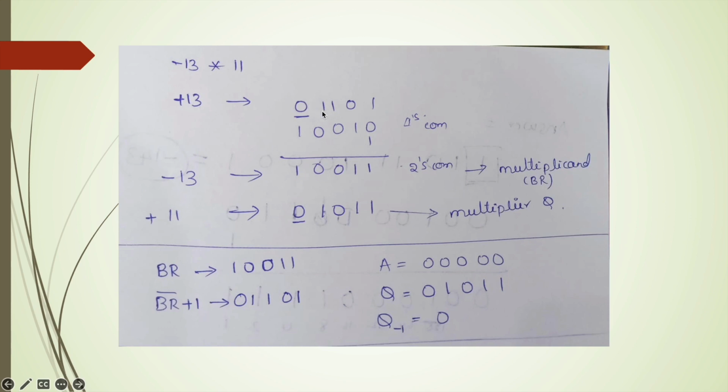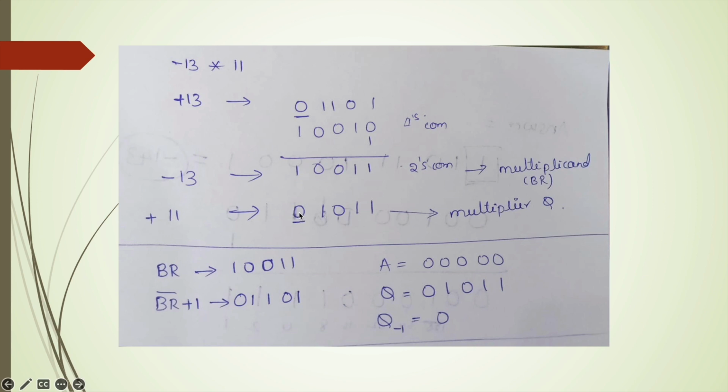So 13 can be written as 1101. For a sign bit I used 0. So minus 13 can be calculated by one's complementing the 13 and adding 1. So we will get the minus 13 value here, which is a multiplicand. So I have to store this value in BR. And 11 equivalent is 1011.